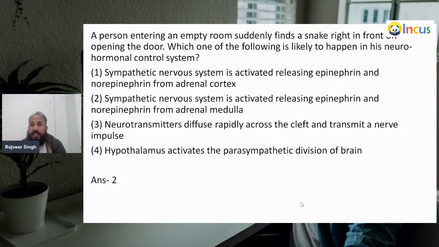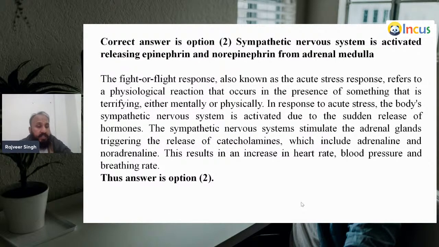Second, the sympathetic nervous system is activated, releasing epinephrine and norepinephrine from the adrenal medulla. Third, neurotransmitters diffuse rapidly across the cleft and transmit a nerve impulse. Fourth, the hypothalamus activates the parasympathetic division of our brain. Among them, our answer will be the second: the sympathetic nervous system is activated, releasing epinephrine and norepinephrine from the adrenal medulla. I hope you'll understand. If you don't understand, no problem, don't worry.